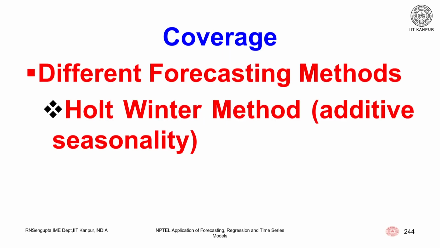2nd lecture. So, what we will cover is basically the Holt Winter Method, additive seasonality, and this we have started in the last week. I discussed a lot of concepts and ideas of the nomenclature, what small s means, what capital S means, what small m means, what is alpha, beta, gamma, what is L, what is small b.